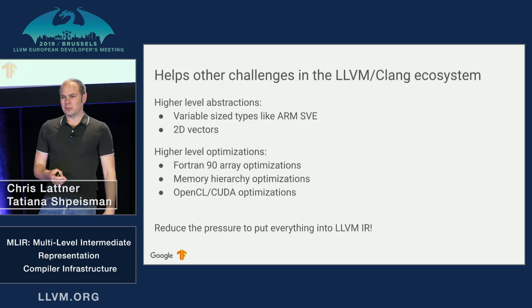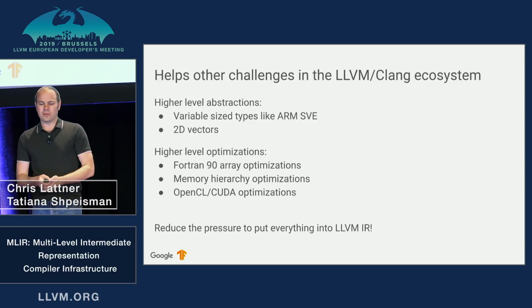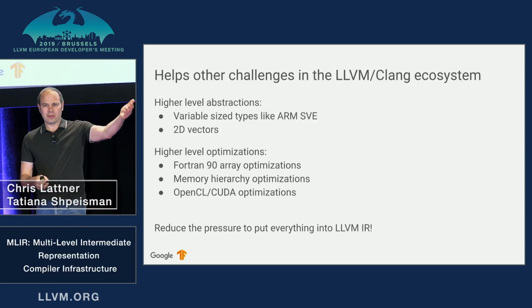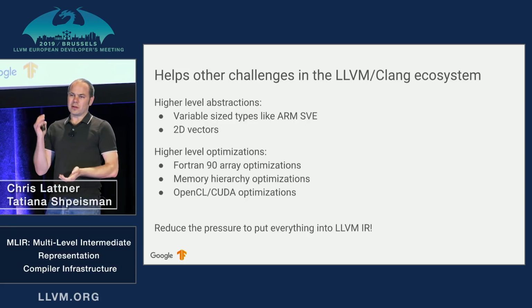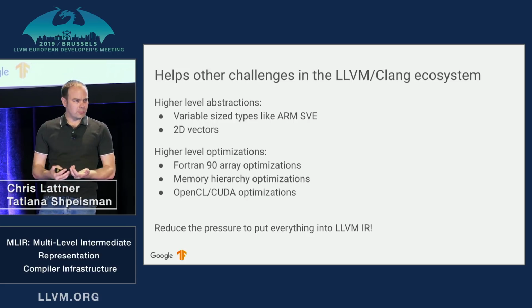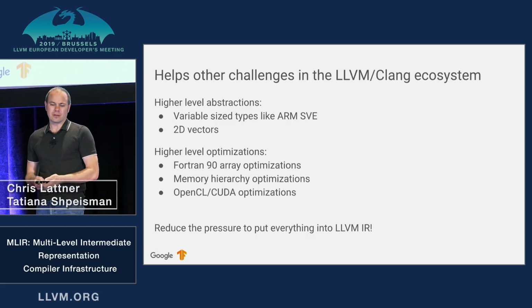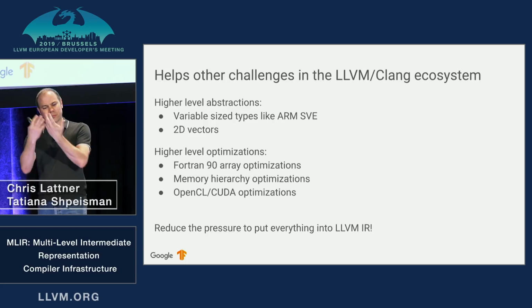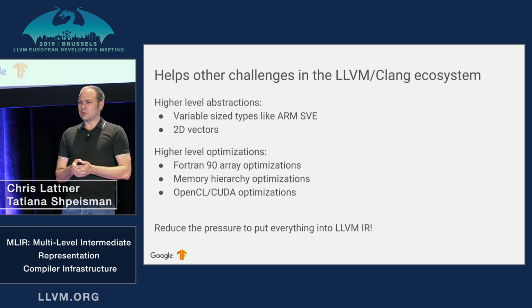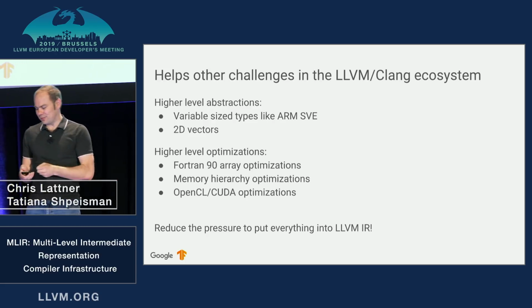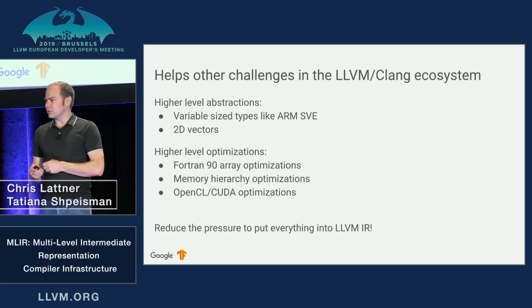Again, that's totally simple for us because first we're focused on that stuff, but also because the whole system is extensible. And there's tons of high-level optimizations that there's just really no good place to do in the stack today. And we'd love to see this go further and move compilers ahead and reduce some of the pressure of just cramming everything into LLVM IR, which is not great for LLVM either.